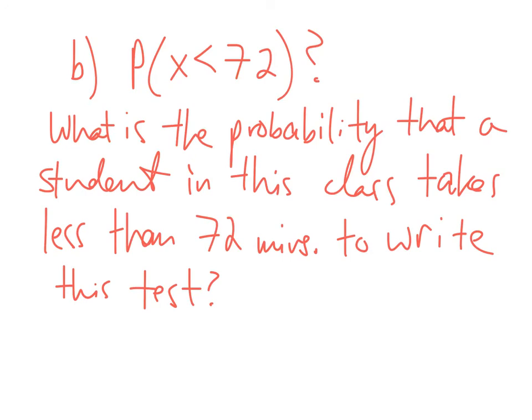Okay, next in part B, we're going to calculate what is the continuous random variable probability that a student in this class takes less than 72 minutes to write this test.